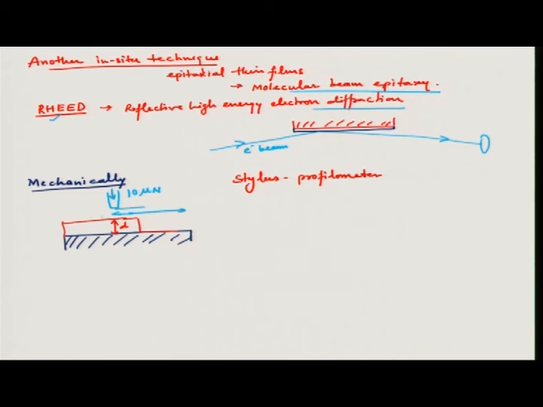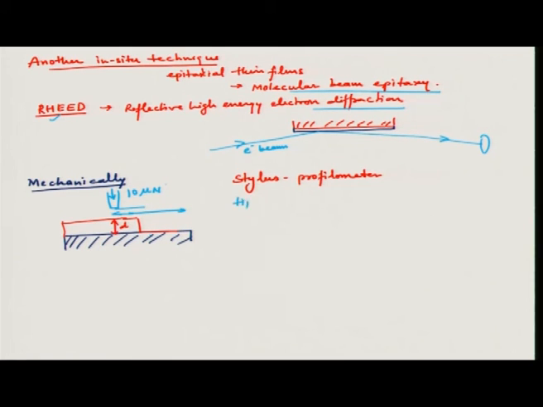So, as it scans over the top of this, as soon as it gets there, this tip goes down because of this load, and then it will detect the change in position of the film, which can be detected by a monitor and can give you the film thickness. So, this will give you a film thickness.